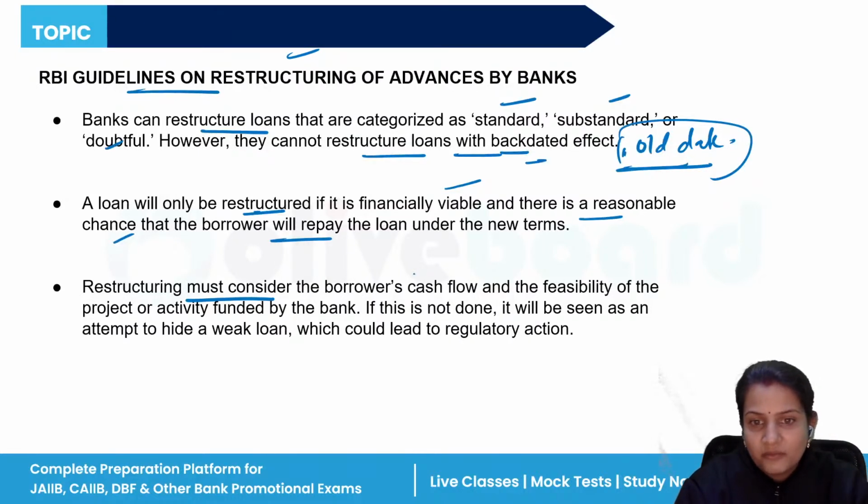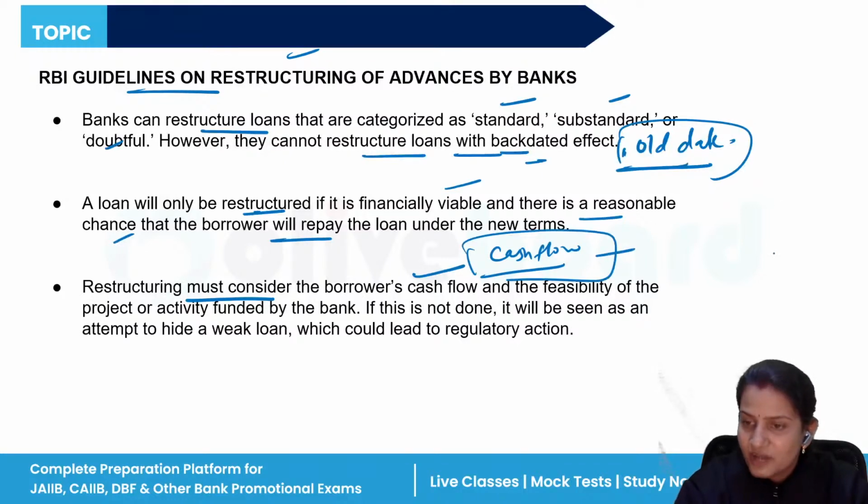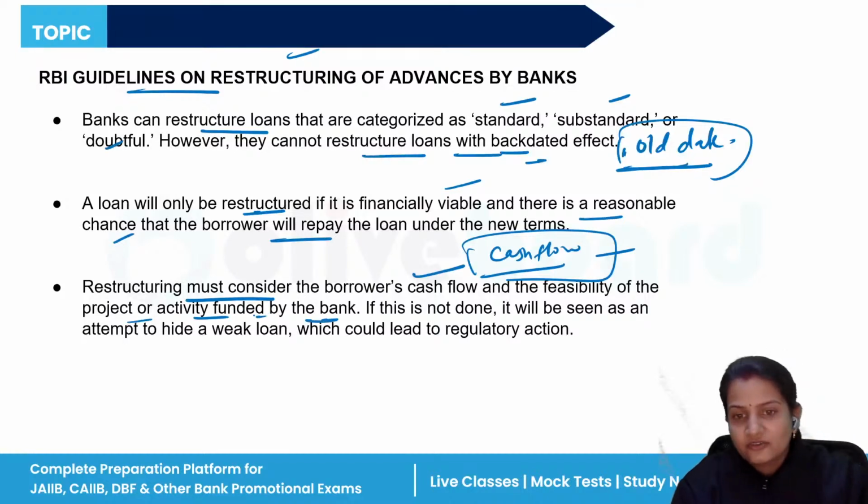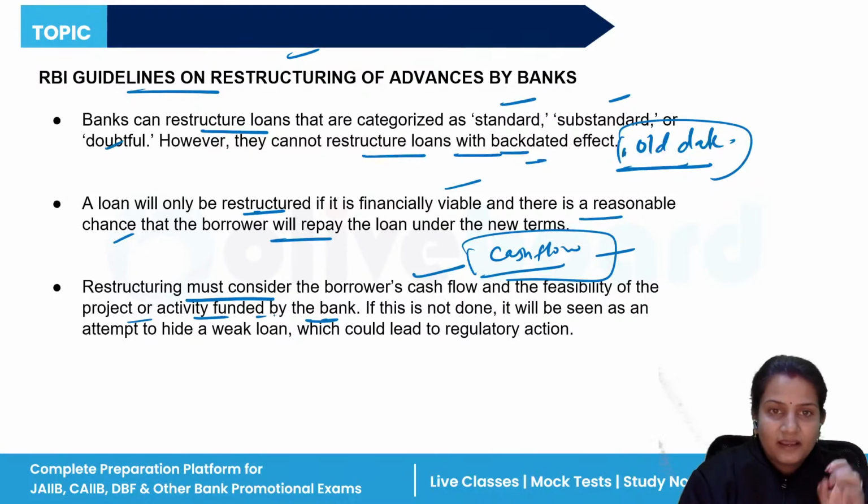Restructuring must consider the borrower's cash flow. What are the cash flows of the borrowers? How is he running his company? What are the earnings? What are the profits? And the feasibility of the project or activity funded by the bank. So basically, restructuring is helping the customers so that they can pay the loan, and the bank can recover the loan which they have granted to that borrower.